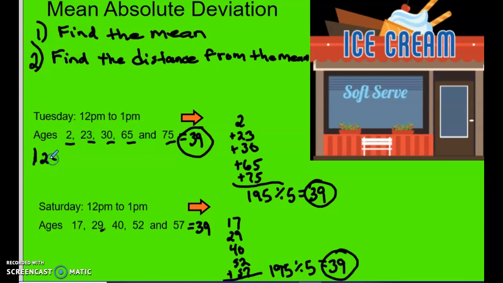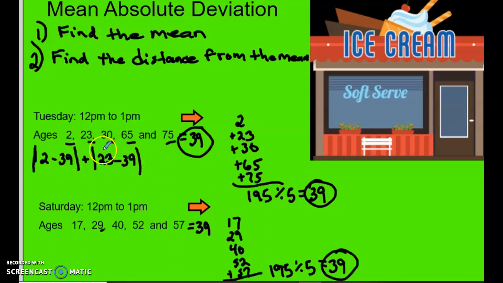And we're going to say the absolute value of 2 minus 39 in this case is going to be the first one. Okay. And then we're going to add that to finding the second number's difference and distance between that and the mean. And we're going to find the absolute value of that.